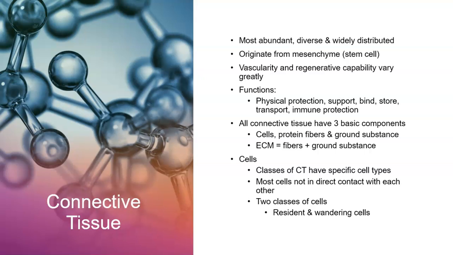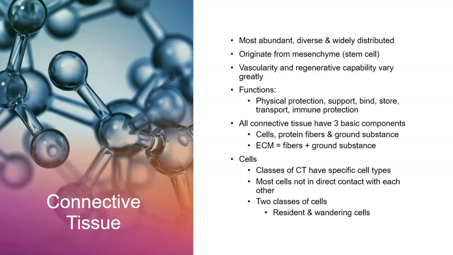Adipose tissue or fat, well, what's it going to have? A lot of fat cells. We call those adipocytes. Cartilage is a connective tissue. What type of cells? Well, cartilage cells are called chondrocytes. So, obviously, cartilage connective tissue has a lot of cartilage cells. And we're going to look again at each of these as we go through them.